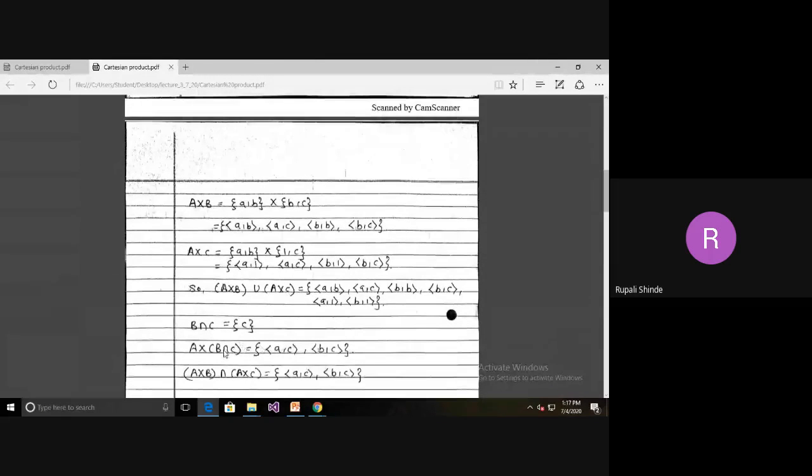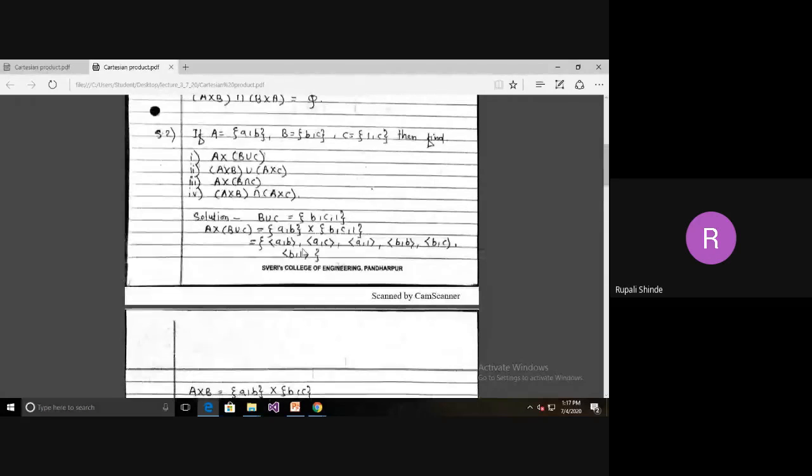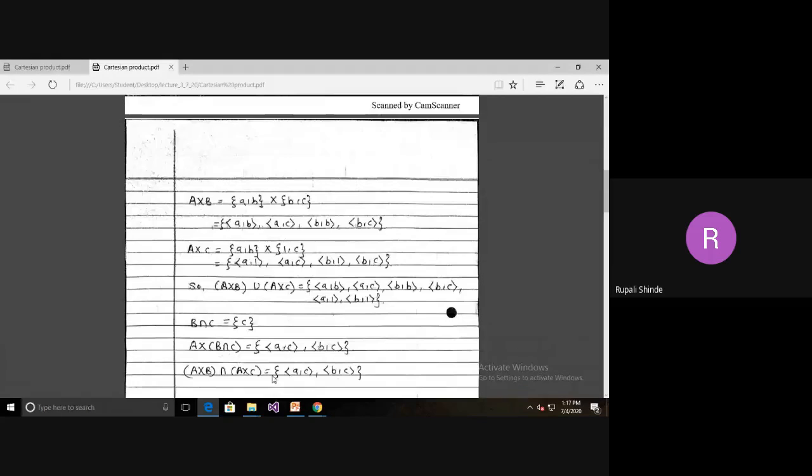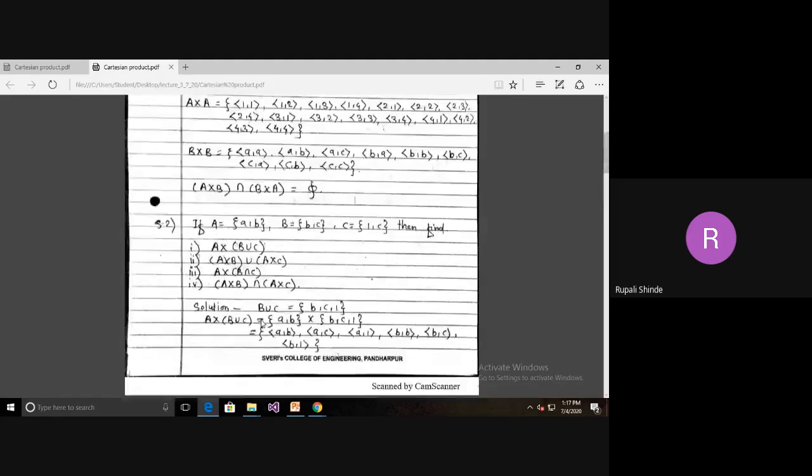So now find A Cartesian product {c}. A contains two elements, a and b. So the first ordered pair would be (a, c) and the second would be (b, c). This is the answer for A Cartesian product (B intersection C).